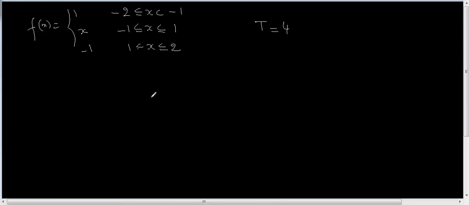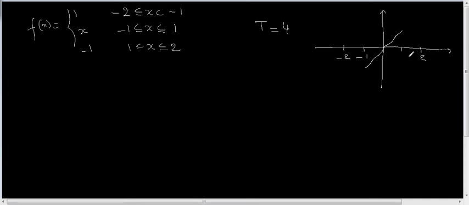So the first thing to do is to sketch the graph of this function, on one period. So let's say this is 2, we have 1, -1, and -2. Now, between -1 and 1, f of x is just x.